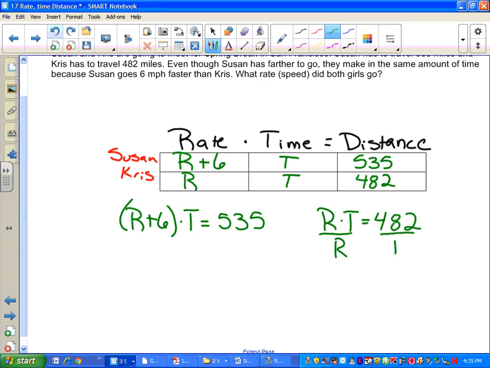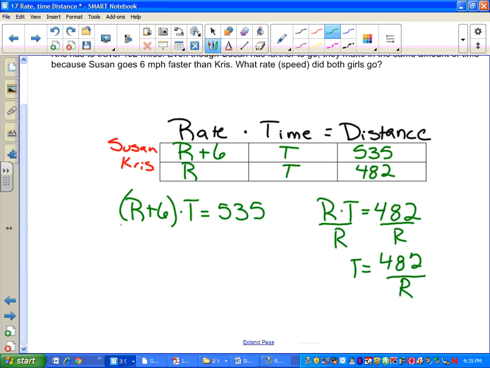If I solve for T on this equation, I get 482 over the rate. For the other equation, if I solve for T, the time equals 535 over R plus 6.